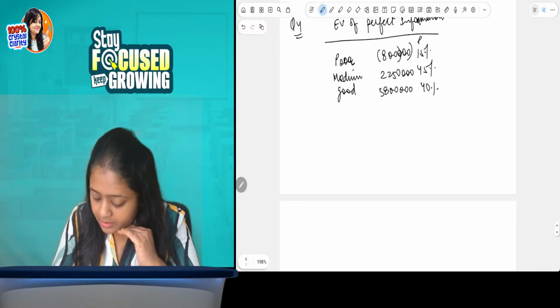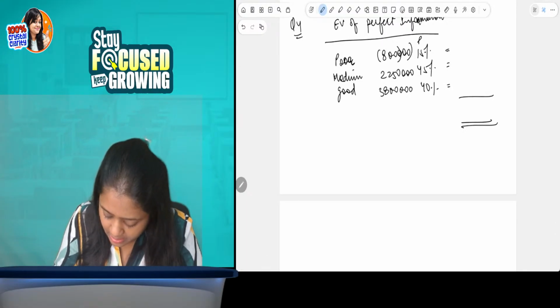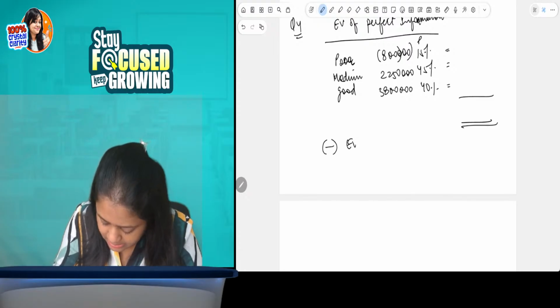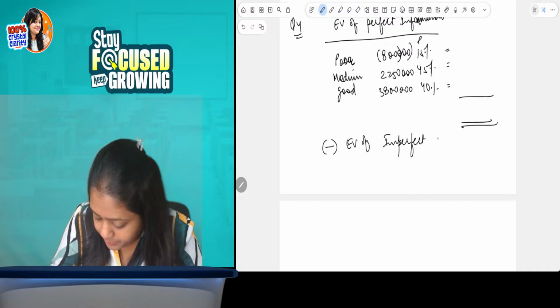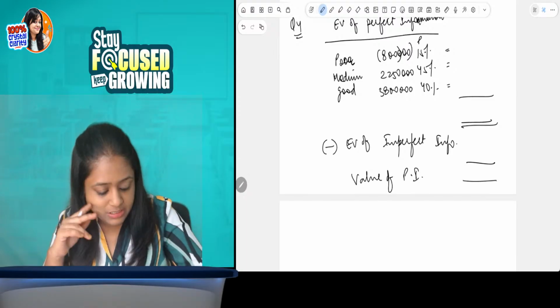Okay, now you have taken it, so get the figures here and get the total, and from this I will reduce the expected value of imperfect information, and then I will get the value of perfect information. Okay, let's do the calculations.